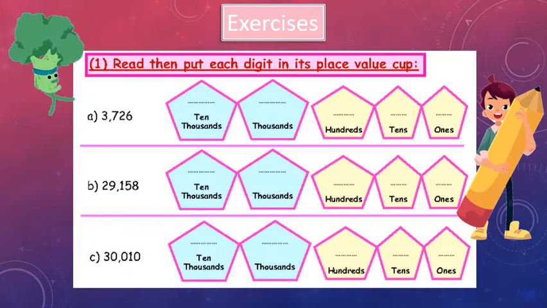Let's have some exercises on this lesson. Read, then put each digit in its place. Use the place value cups, as we have in our math corner. Here we have this number: from the right, ones, tens, hundreds, then put our comma, which is called a thousand.